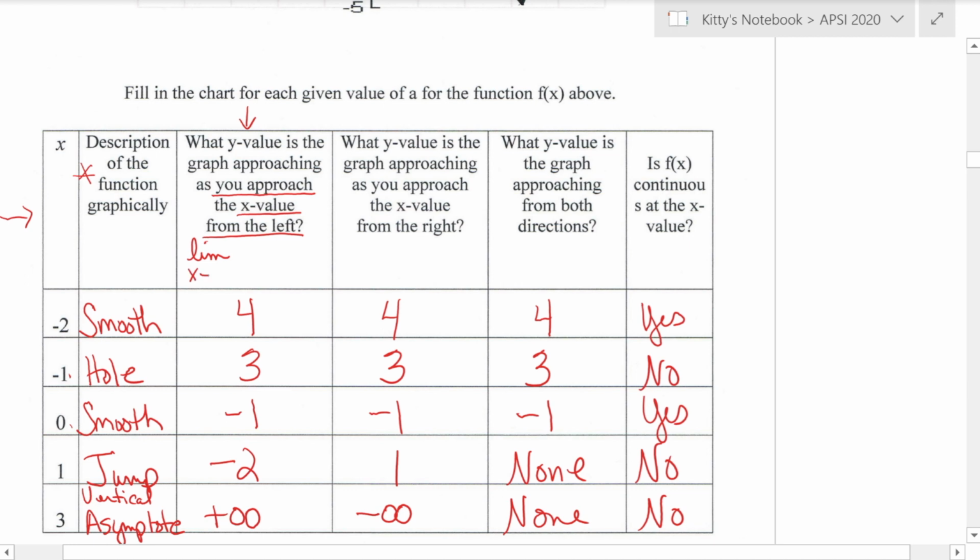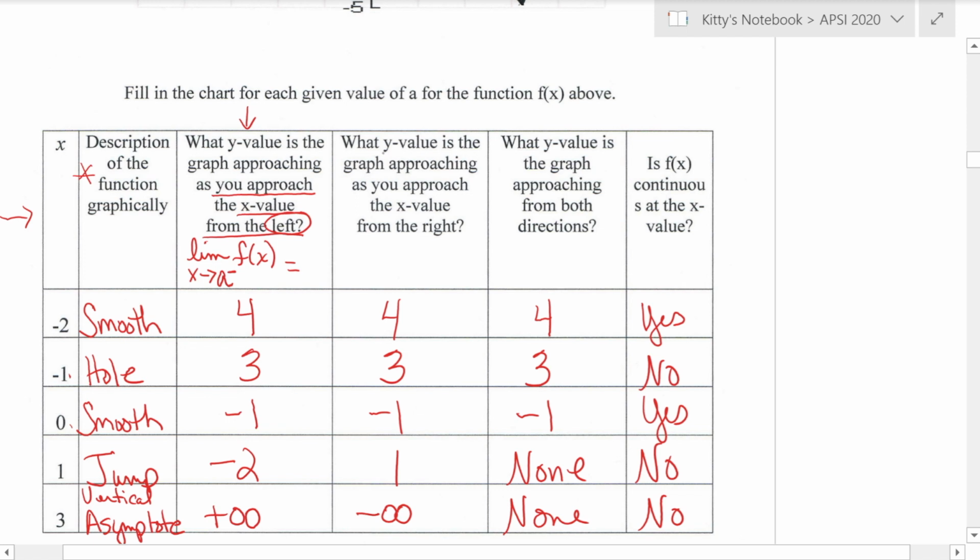as x approaches, and instead of using a particular number, I'm going to do this in general, and I'm going to call the x value we're going to a. That's just something we do. And to indicate it's from the left, you're going to do a little minus sign by the a, and that means from the left of f of x equals, and then that's what it equals.